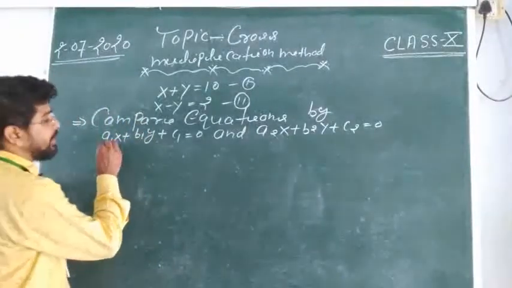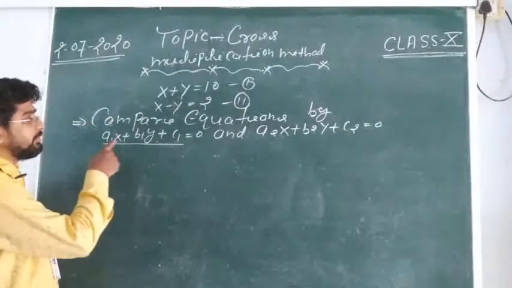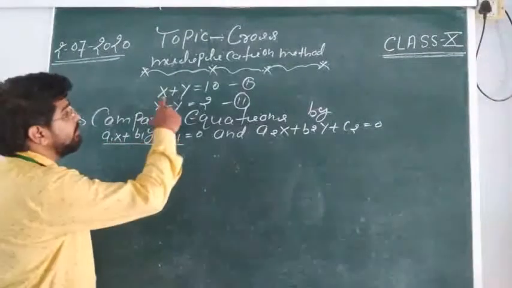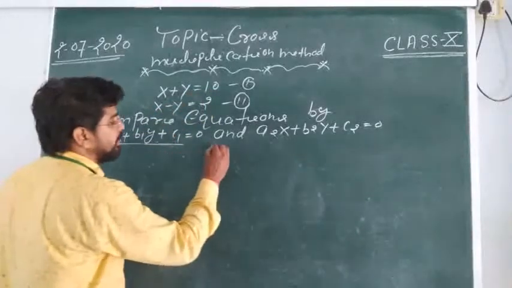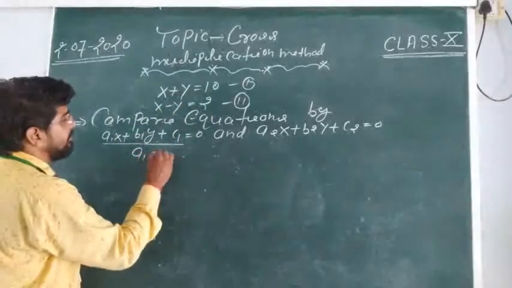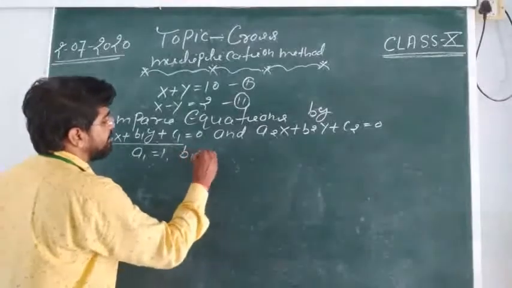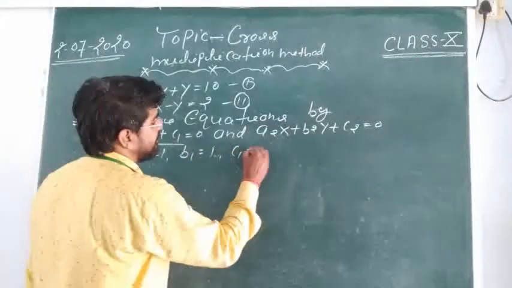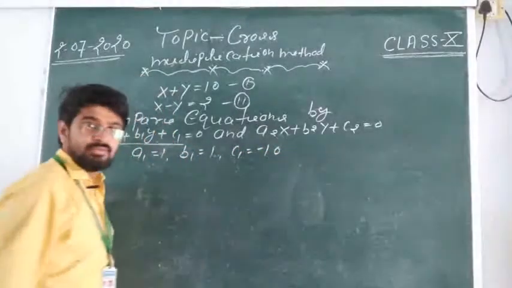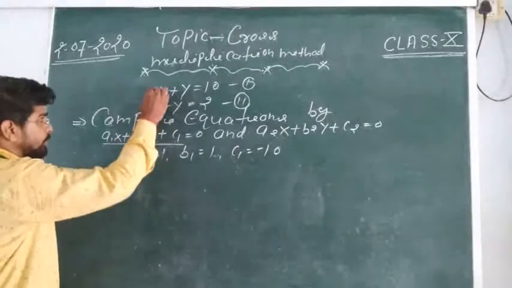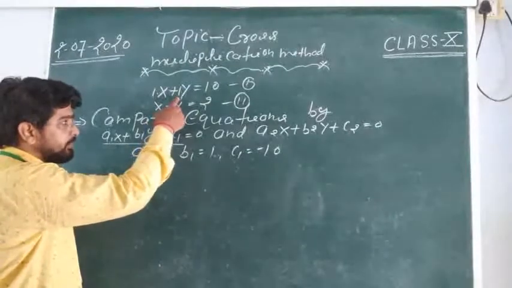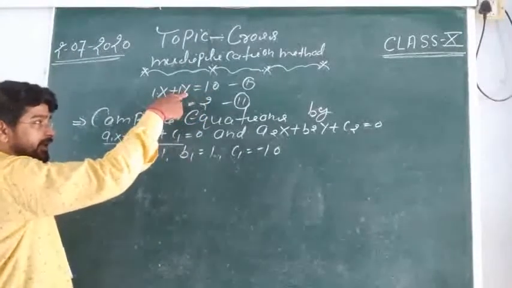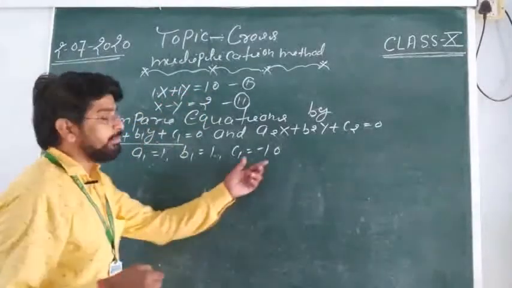See, comparing a1x plus b1y plus c1 with x plus y is equal to 10, we get a1 is equal to 1, b1 is equal to 1 and c1 is equal to minus 10. The coefficient of x is 1, the coefficient of y is 1, and when 10 comes to the left side, it becomes minus 10.